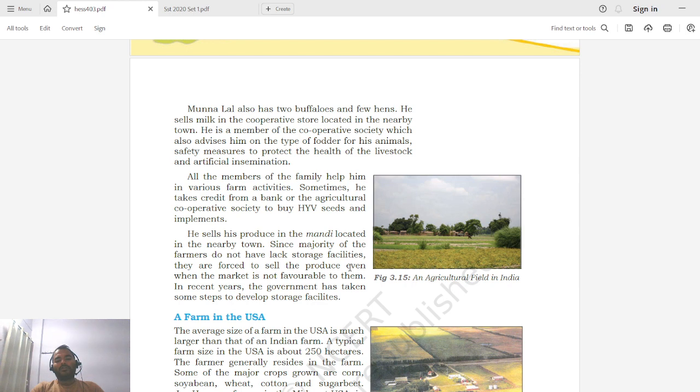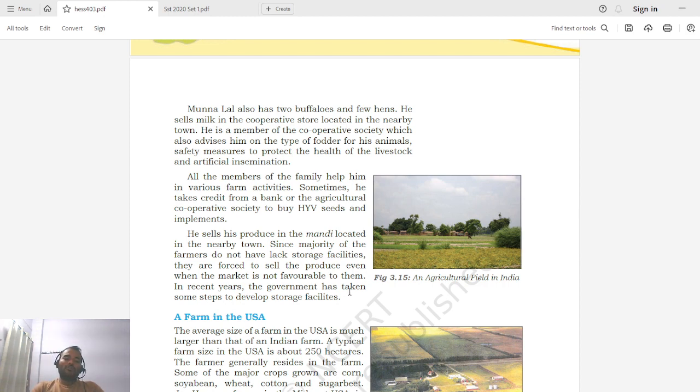So a lot of farmers don't have storage facilities, and what happens if the price for the produce is very low in some seasons, but due to unavailability of storage facilities, the farmers have to forcefully sell their produce, or else if stored, it won't last, right? Because there are no good storage facilities. So this is the drawback of Indian farmers, that they are unable to store their produce and are forced to sell during low rates.